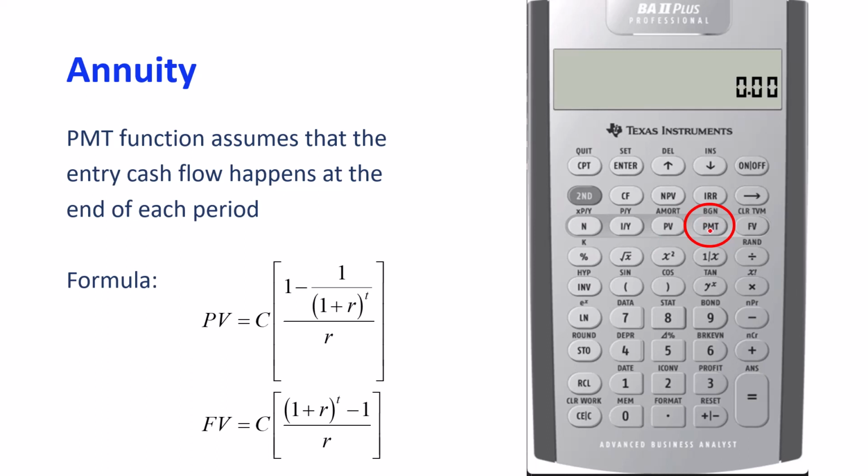And there is an end, or there is a finite duration for this series of cash flows. To find the present value of the annuity, you multiply the equal cash flows or payments by the annuity factor, which is this one. And then for future value, you multiply the payment by the future annuity factor, which is this one.